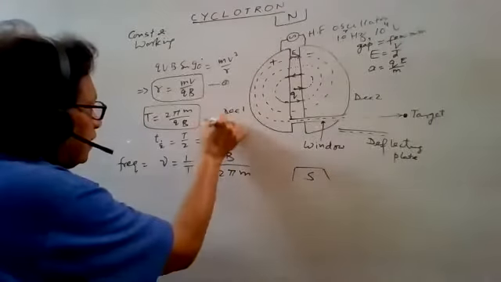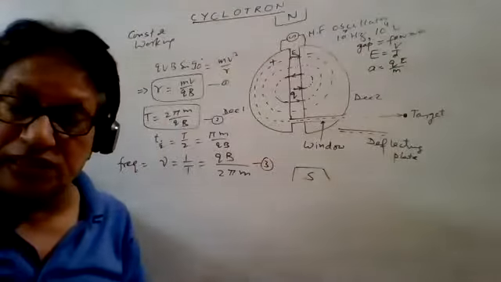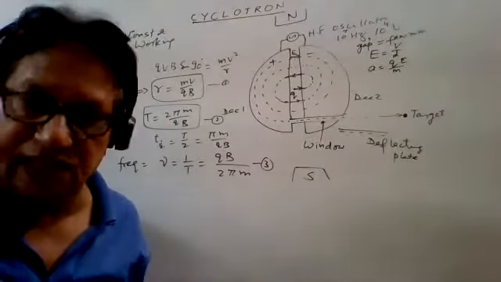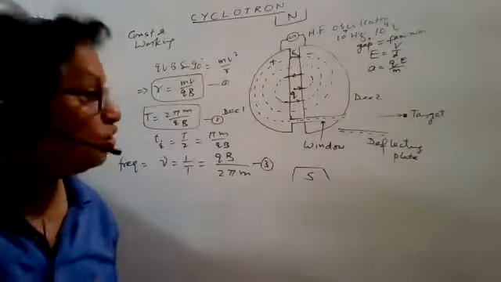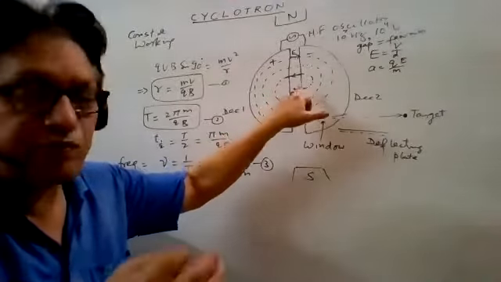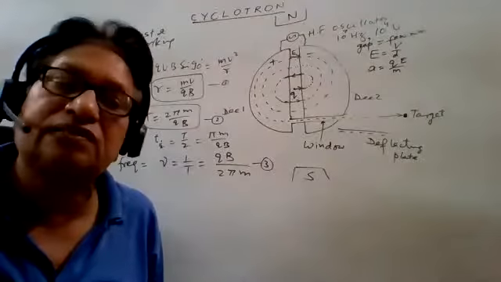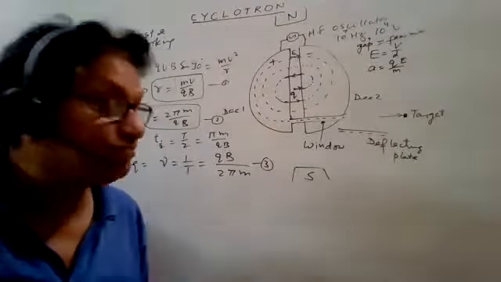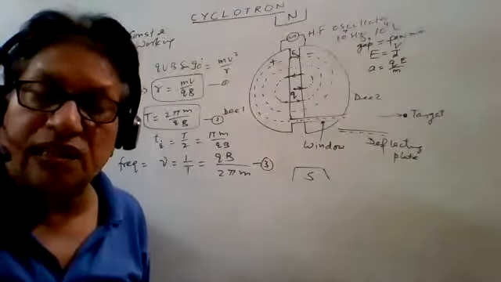And very beautiful thing here, it takes the same time because it is independent of velocity, speed, kinetic energy. So if it is moving in, suppose, a 1 millimeter radius circle, it takes, suppose, 1 microsecond flat. If it is moving in a 1 meter circle, even then you are getting the same time.